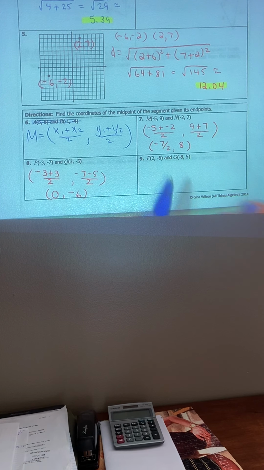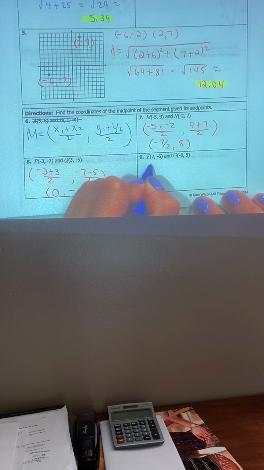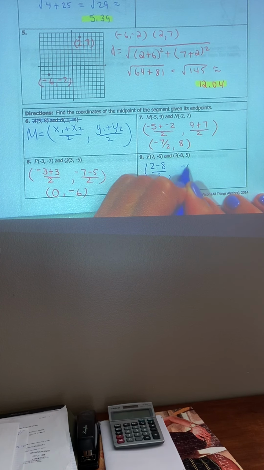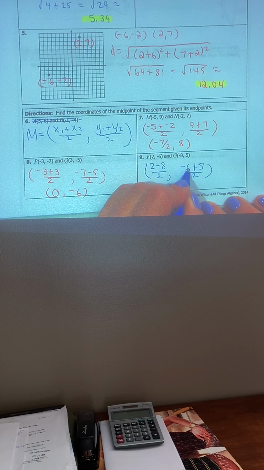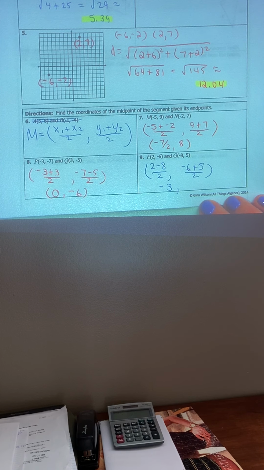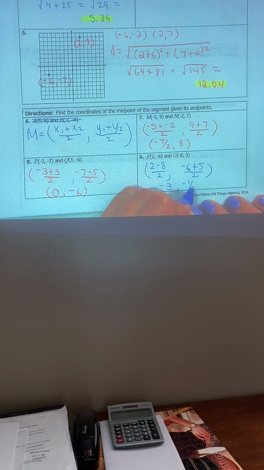And lastly, 2 minus 8 over 2, negative 6 plus 5 over 2. 2 minus 8 is negative 6. Negative 6 over 2 is negative 3. Negative 6 plus 5 is negative 1. Negative 1 over 2 is negative 1/2, or negative 0.5.